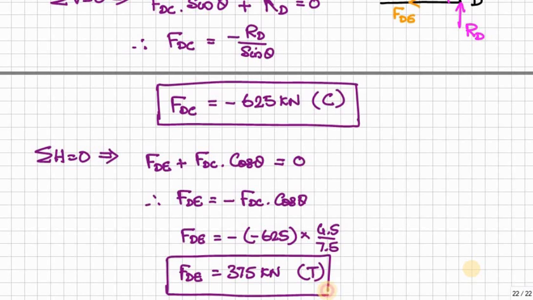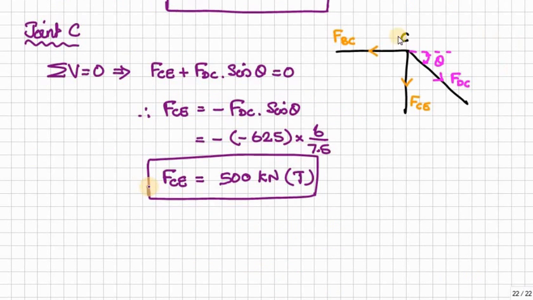Now we will choose joint C. So this is joint C where we have 3 members. Out of 3 members, 1 member force is already known, F_DC. Only F_CE and F_BC are not. See here, the inclined force is a known value. The vertical and horizontal forces are unknown values.